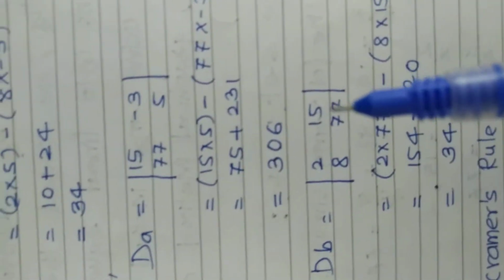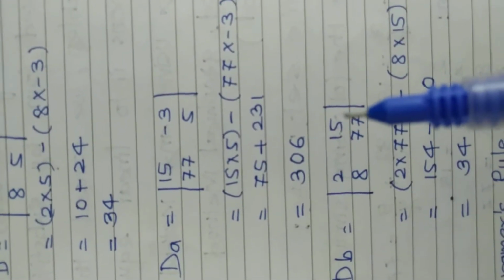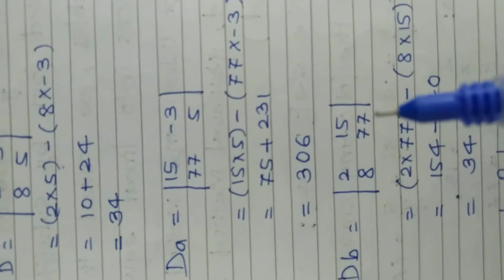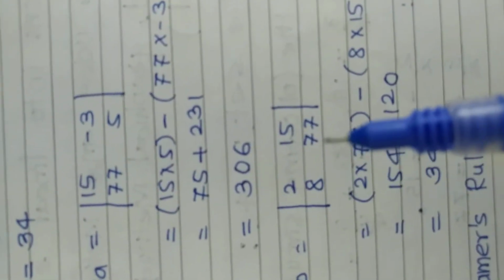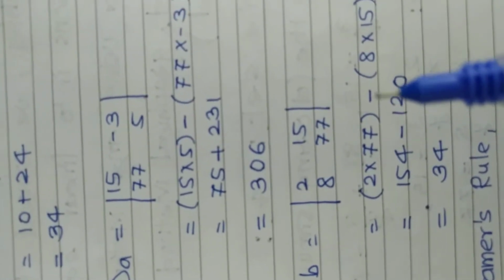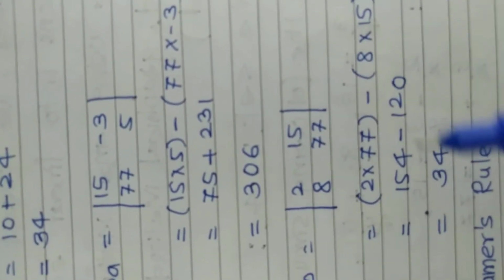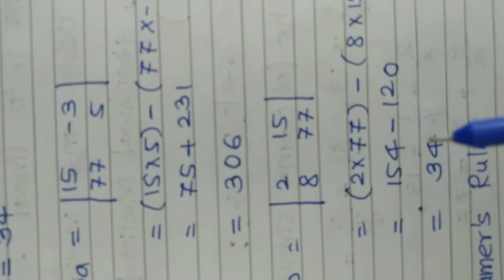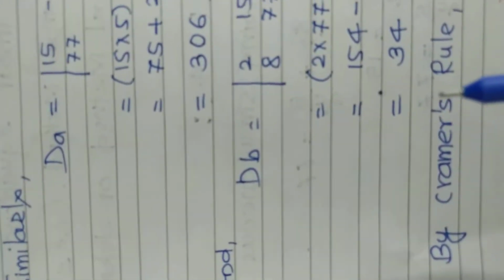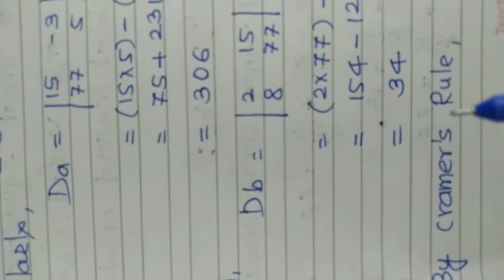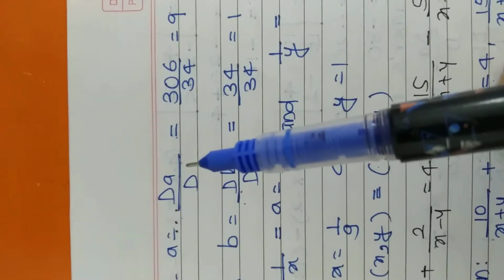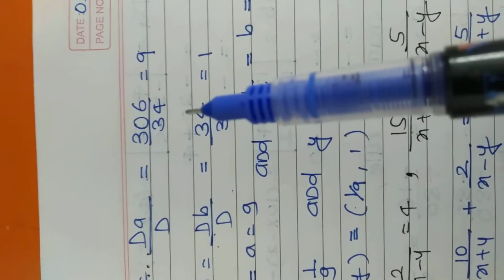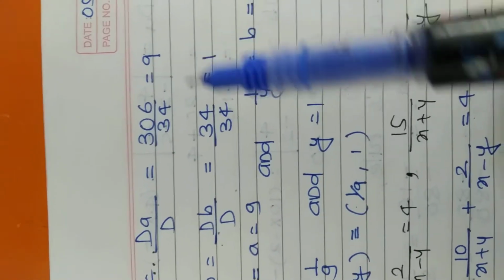Db equals: replace the coefficient of b by the constants 15 and 77. So 2 into 77 minus 8 into 15. So 154 minus 120. So it is 34. As far as Cramer's rule, you know, a equals Da upon D. So 306 upon 34. So by all means it is 9.